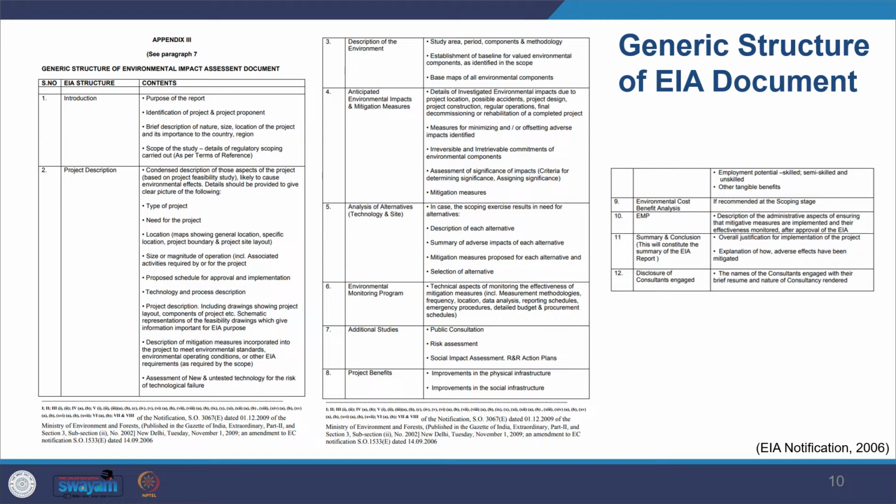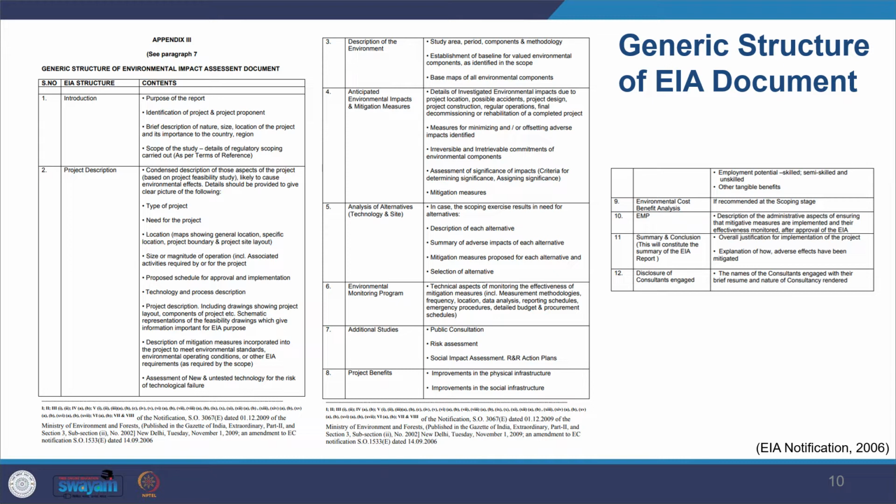Then you look at the second part, which deals with project description. Here you give a range of things, ranging from a condensed description of the aspects of the project. So you give in a very condensed form the different aspects of the project, including the feasibility study, why it is feasible and likely to cause environmental effects, what kind of environmental effects it would cause, and details should be provided to give a clear picture to any reader of the report.